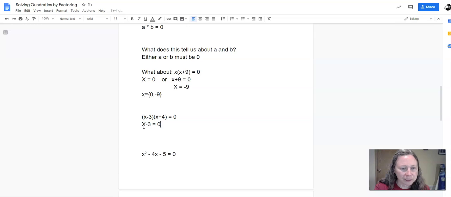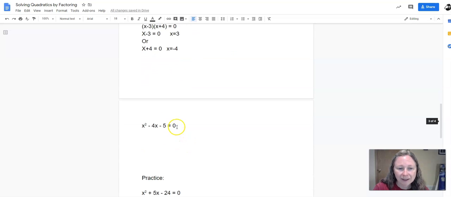X minus 3 equals 0, or x plus 4 equals 0. And in the case of this equation, x must equal 3. And in the case of this equation, x must equal -4. So two solutions. If you can factor an equation and it equals 0 on the other side, then it's super easy to get to the two solutions.